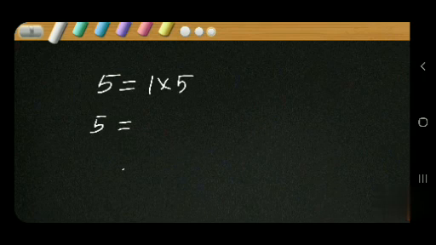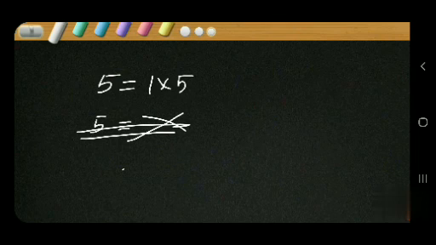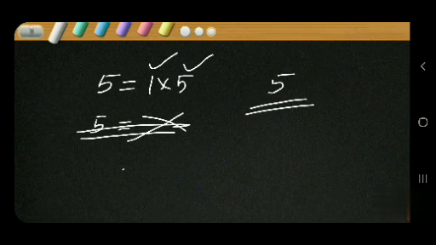No. So 5 can be written as 1 into 5 only. So these numbers 1 and 5 are the factors of 5.